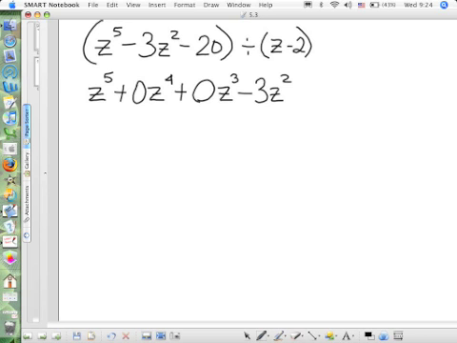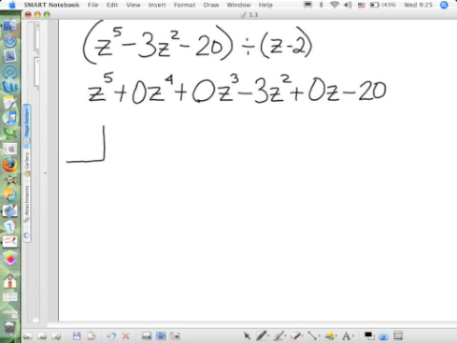Z, but there is no z, so I'm going to insert 0z, and then finally I have minus 20. Okay? Because even though they're not there, they're coming. They will show up. All right, so let's start with our synthetic division.